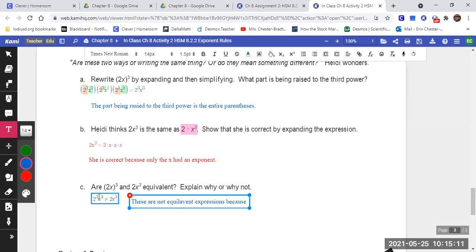What's different between these two? So we said not equivalent. Why? We have to be able to verbalize it. What do we see that's different between them? Because we said not equivalent, so why?